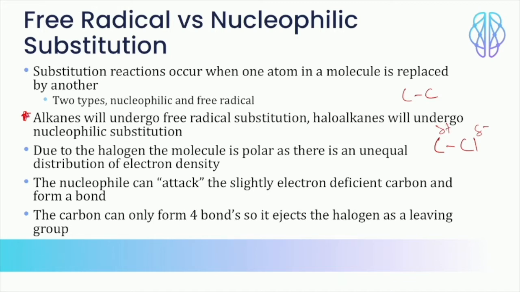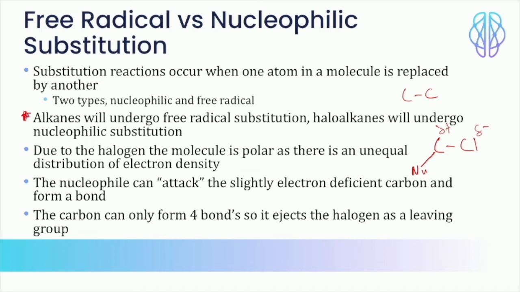The nucleophile, which is, as you can recall from the last slide, a negatively charged group that willingly donates an electron pair to form a bond, will attack, if you like, this carbon here that has a slightly positive charge, because nucleophiles are negatively charged and they like positively charged things.